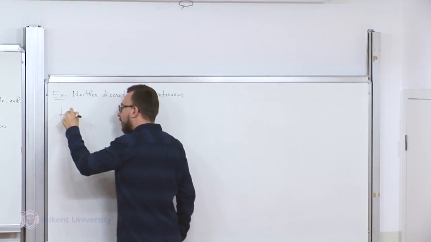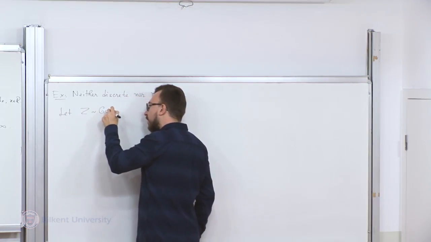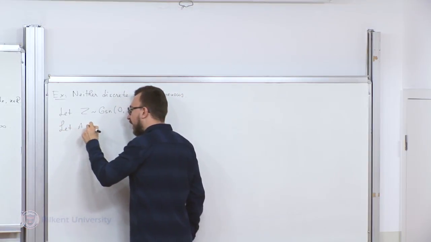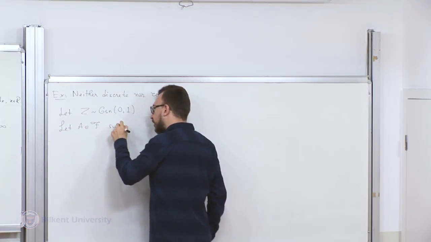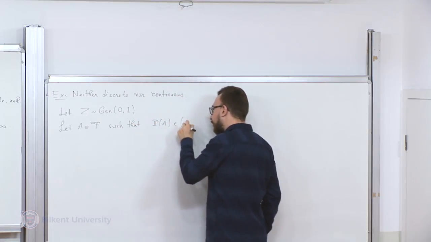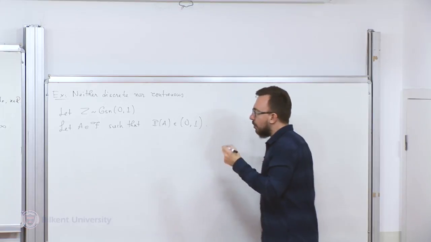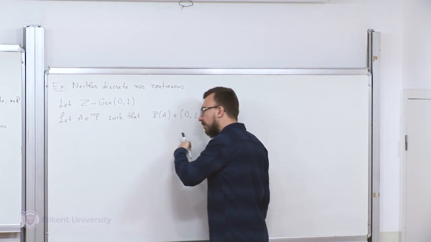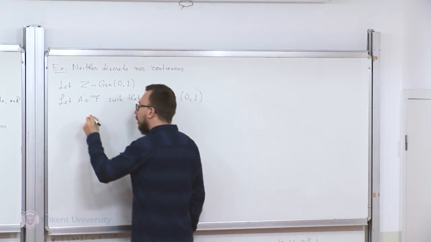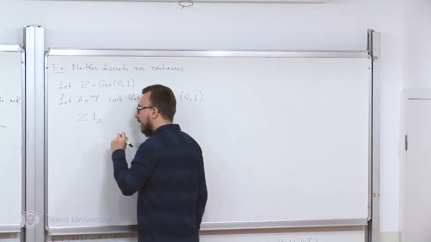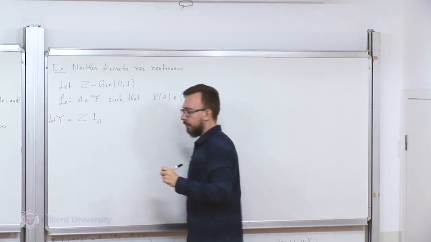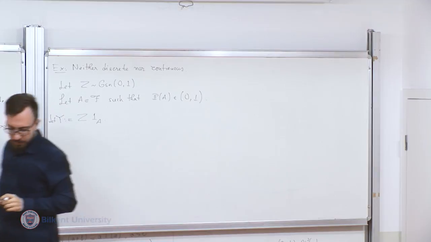So let's say we have a random variable Z, which is Gaussian 0, 1. And let's say we have an event A such that its probability is strictly between 0 and 1. So the probability of A is strictly positive. The probability of A complement is strictly positive. Let's look at Z over the set A. This is our random variable.